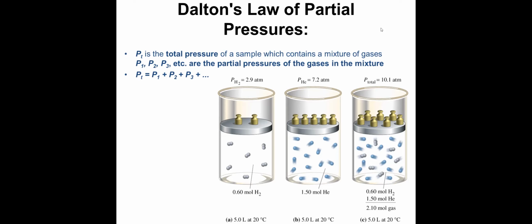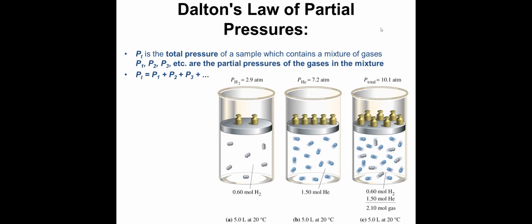And that 2.9 atmospheres is made up of 0.6 moles of hydrogen. I think that you might need to go back to basic chemistry and remember how to convert atoms to moles, moles to grams, and back and forth. I would definitely be looking that up if I were you. And we'll add that as homework 1.